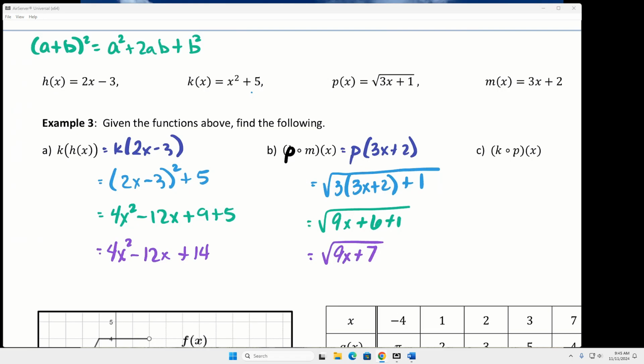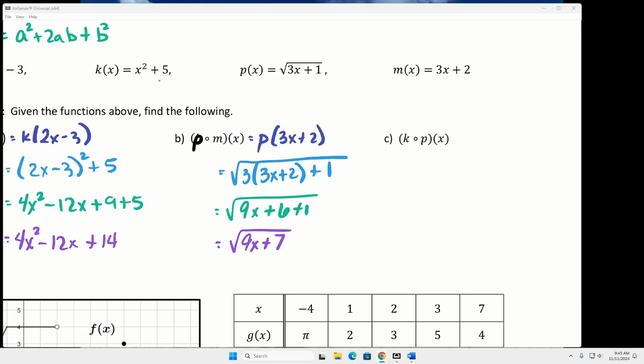All right, and then for C, we're going to do K of P of X. Which means I'm going to take that P of X and I'm going to put it into K. Everything I put into K, I'm going to square, and then I'm going to add 5 to.